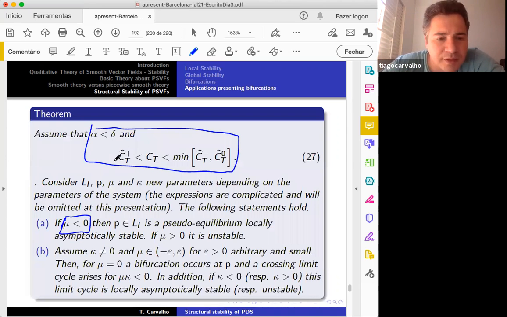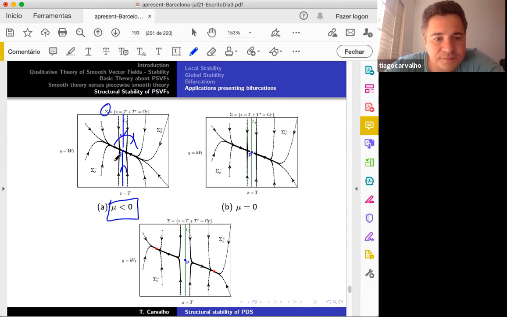Moreover, if me is positive, the first return map is repulsive, but again the tangential sliding motion has an attractive behavior.